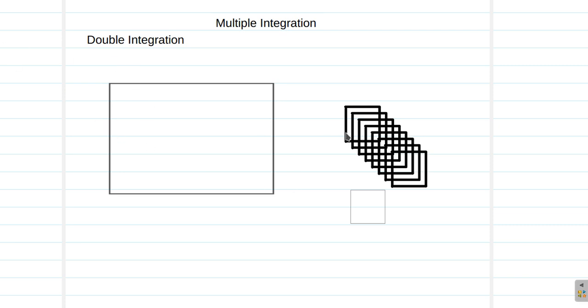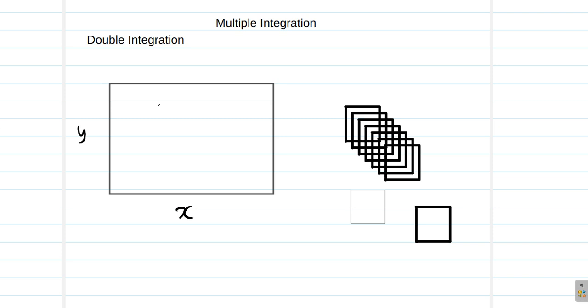Now, suppose we have this large rectangle here. And let us say the height is y and the width is x. We know that the area of a rectangle is height times width. We know that already, right?